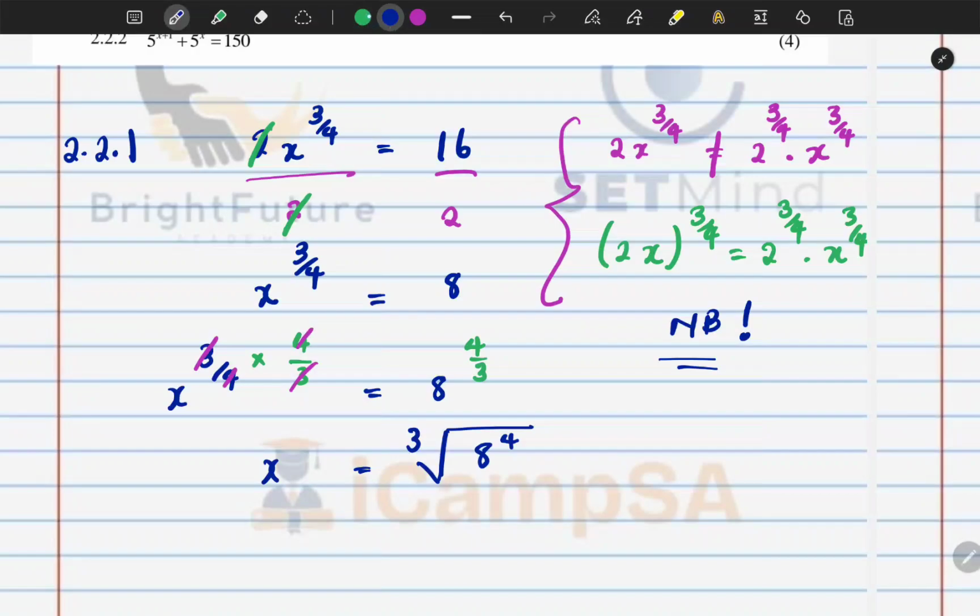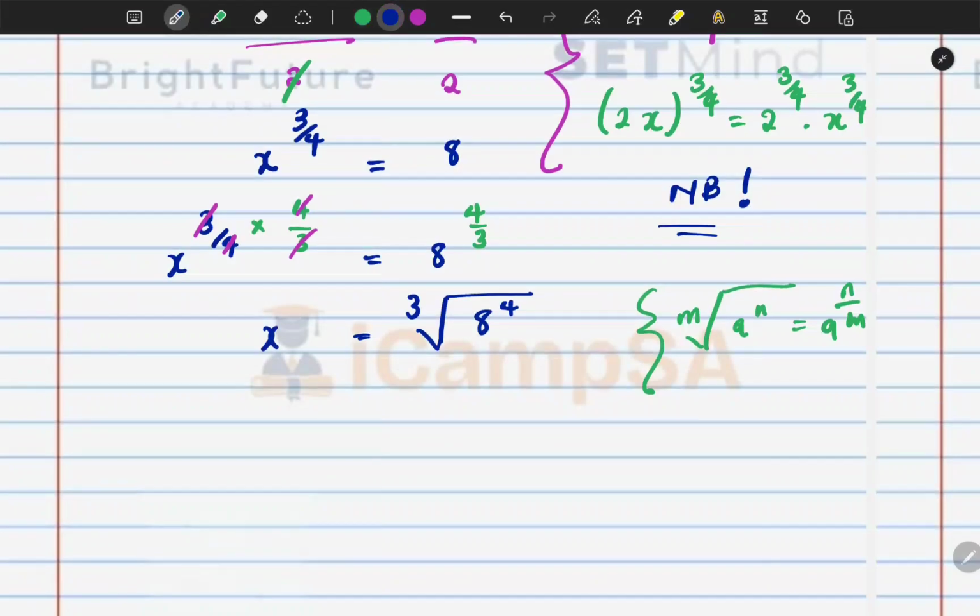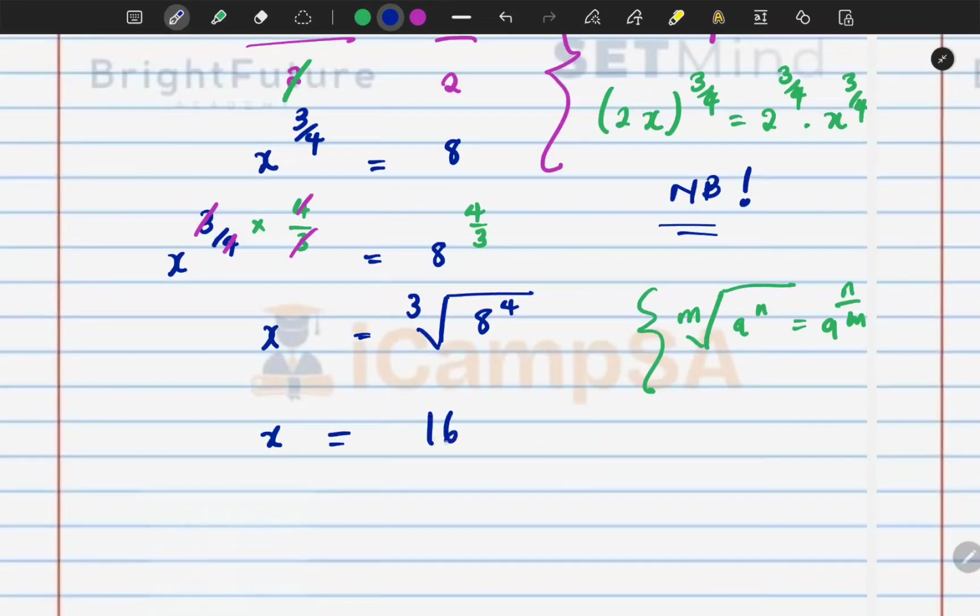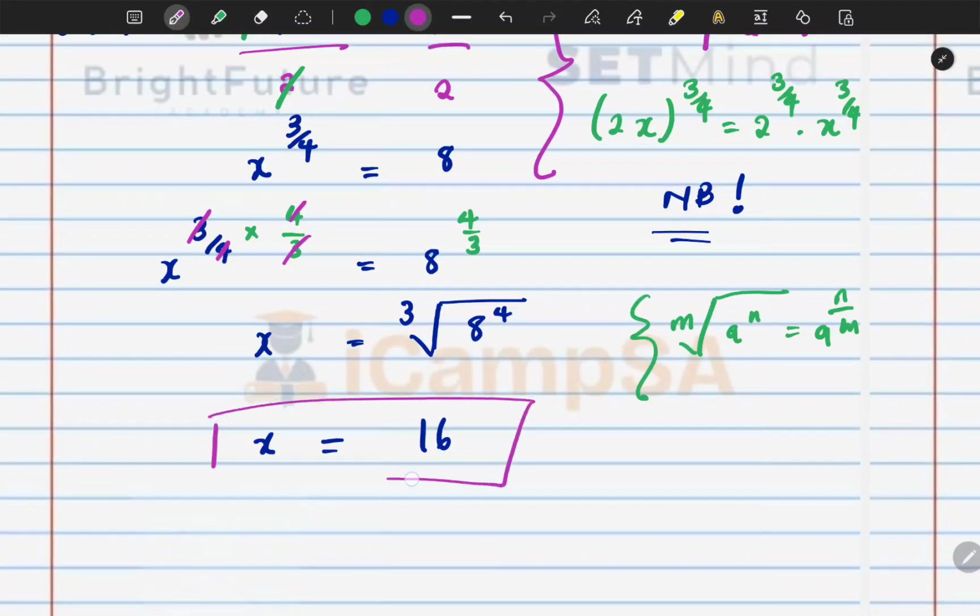If you have the m-th root of a to the power n, it's the same thing as a to the power n over m. So that's how we can work with this. If you simplify this, you are going to get 16, and that's your final answer.